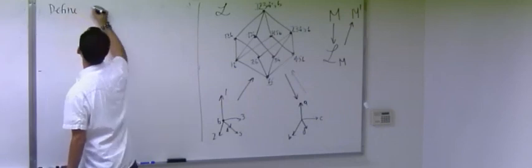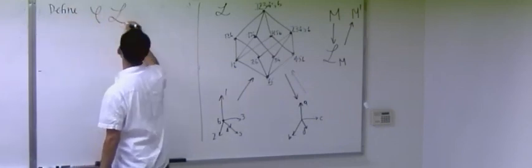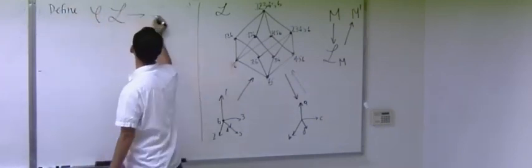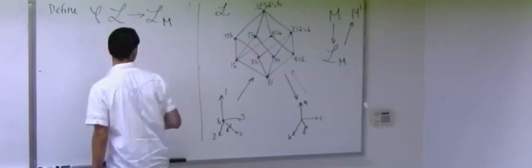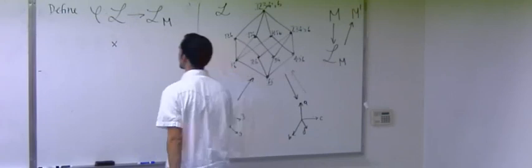So define a map from this lattice to the lattice of flats of the matroid that we have. What you're going to do is take an element of the lattice. Okay.